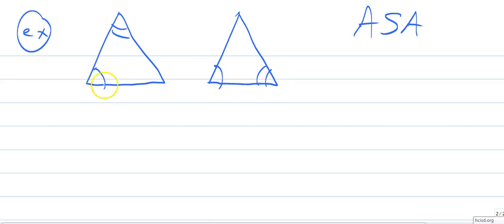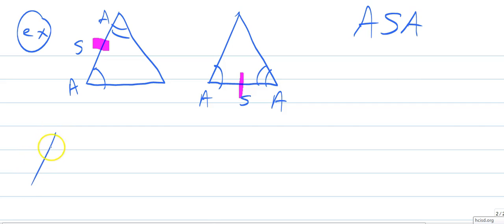And again, it just has one little arc, one little arc. That 2 means it goes to this 2. So the side, where is the side that needs to be included? Here are my two angles. What side is here? This one. So put a little mark there for the side. Here are my two angles. What side is it? This one. Angle, side, angle. Angle, side, angle.